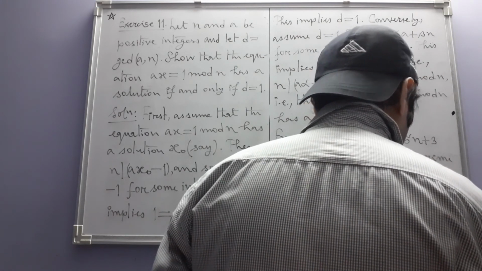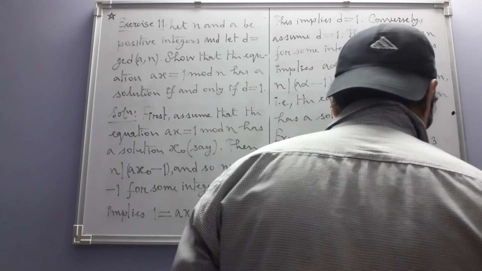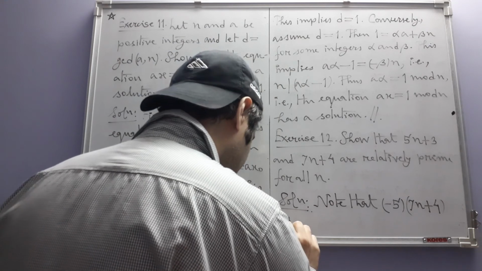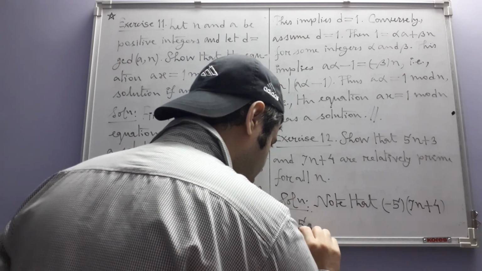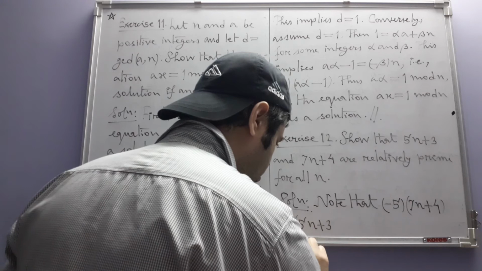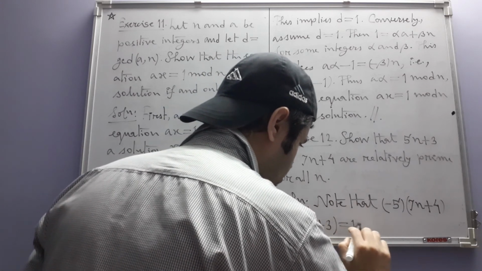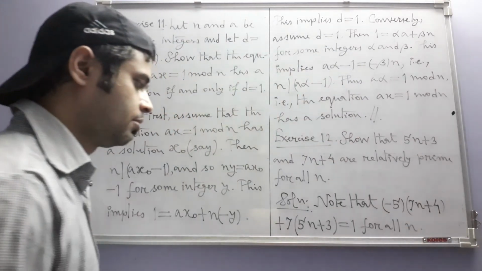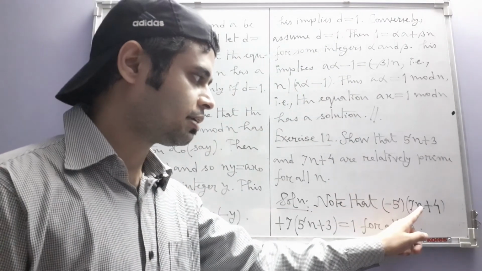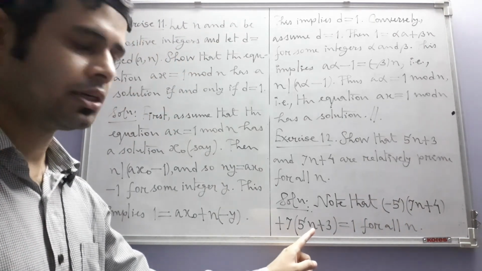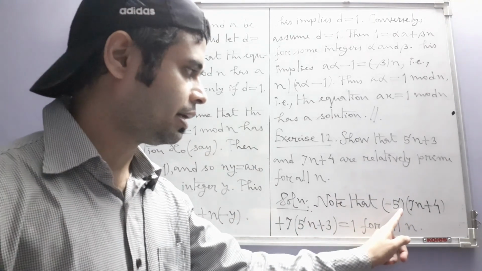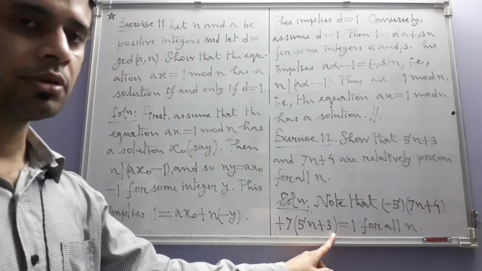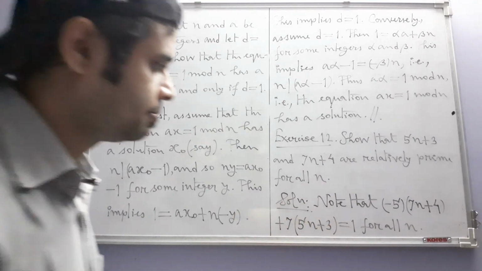Minus 5 times 7n plus 4 plus 7 times 5n plus 3 is equal to 1 for all n. Minus 5 times 7n and 5 times 7n, they cancel out. Minus 5 times 4 is minus 20 and 7 times 3 is 21, so they will give us 1.